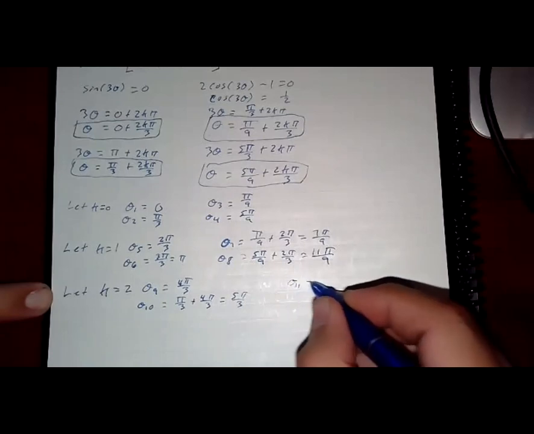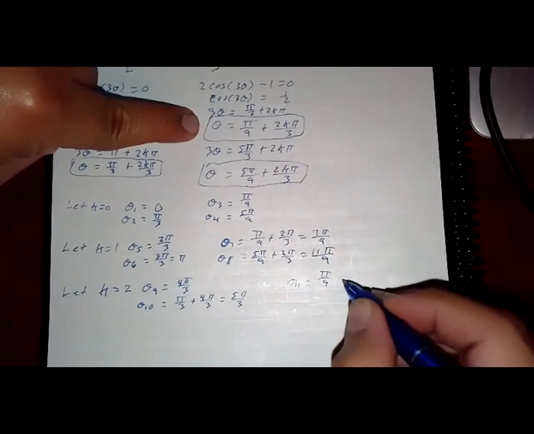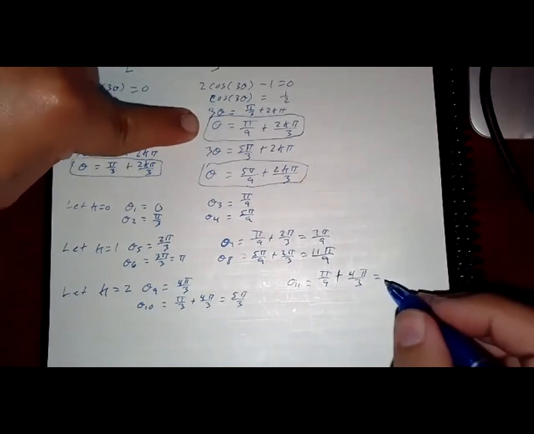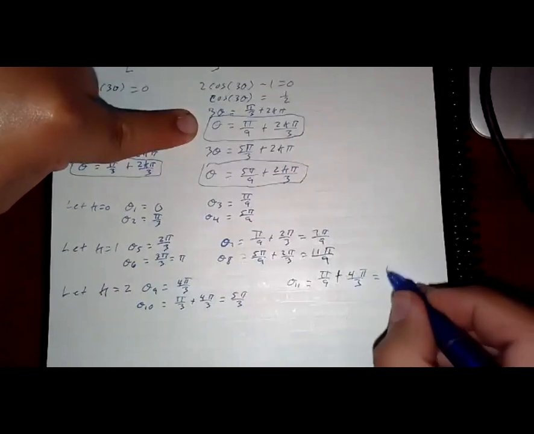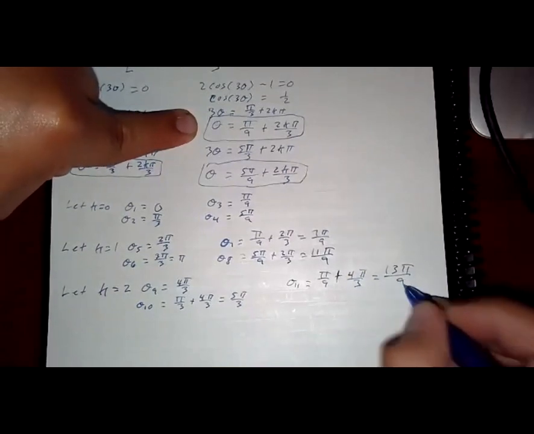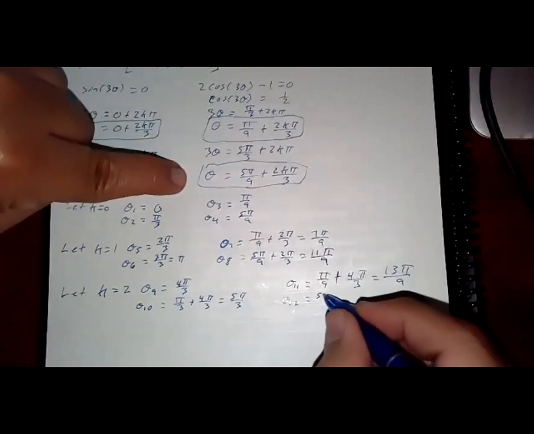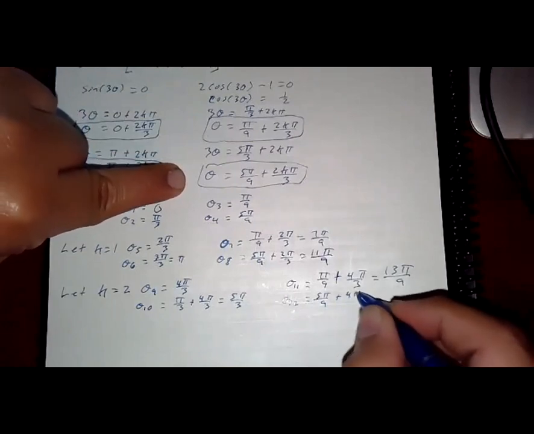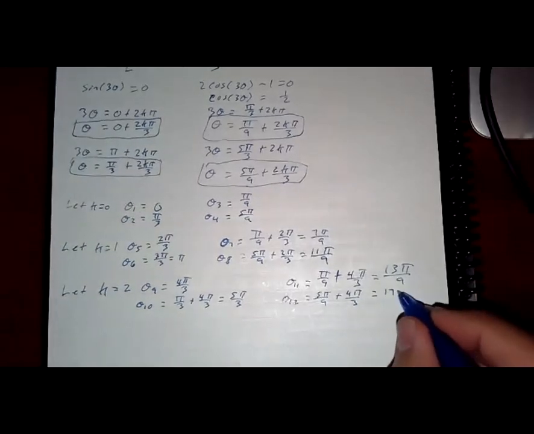Theta 11, almost done, will be pi ninths plus 4 pi thirds, which will be 12 plus 1, 13 pi ninths. Last guy here, 5 pi ninths plus 4 pi thirds will be 17 pi ninths.